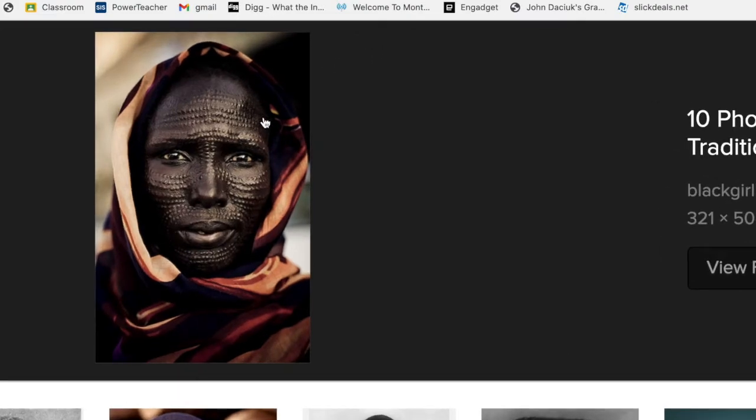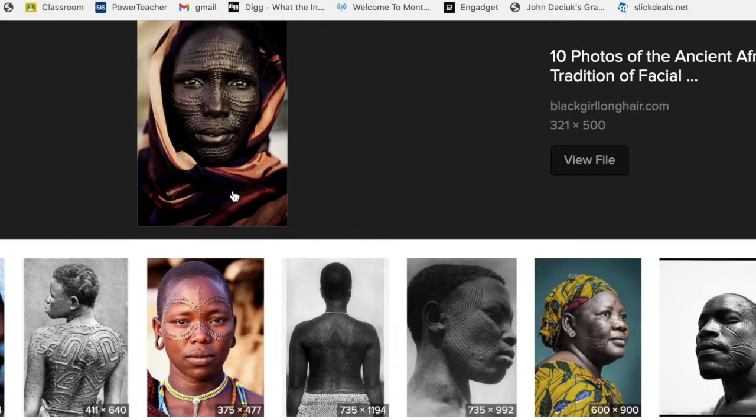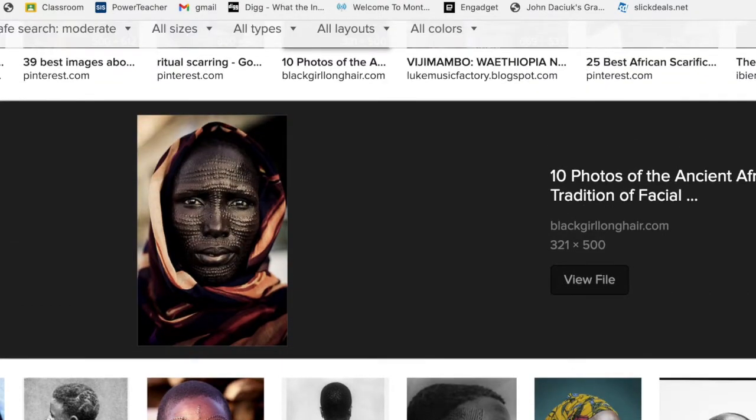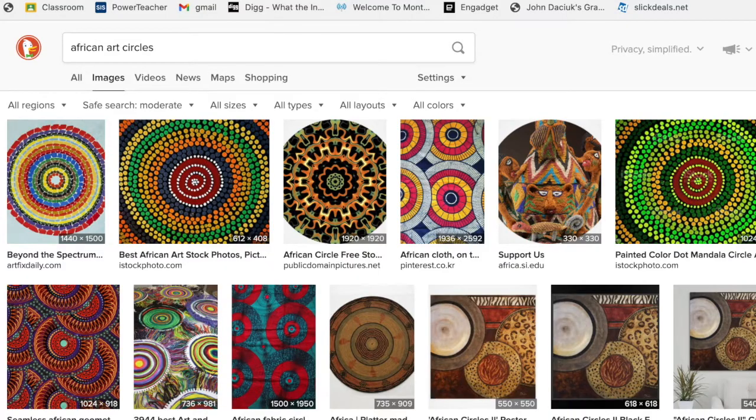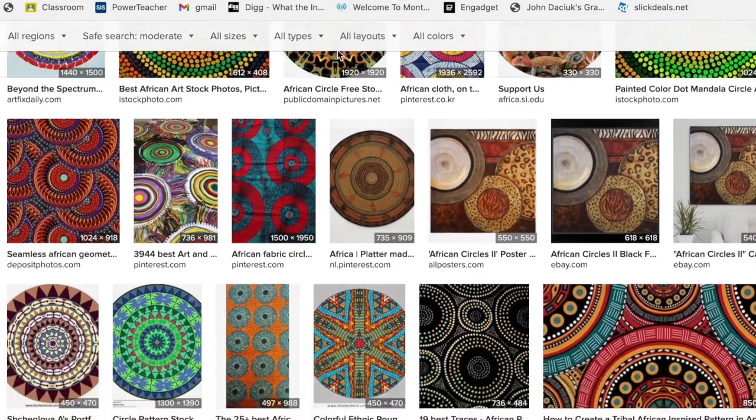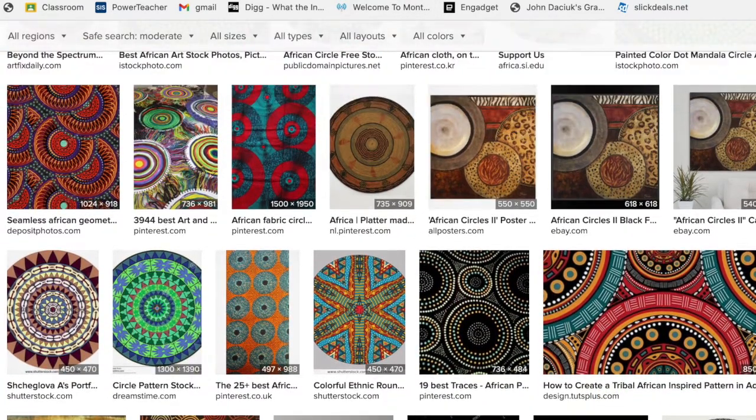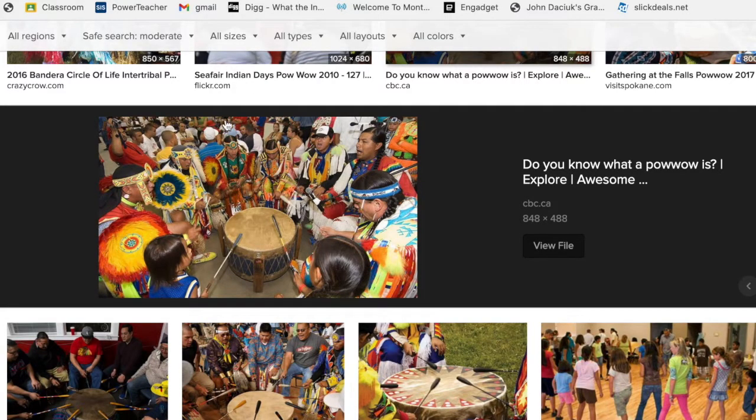In order to make the Aztec calendar or the zodiac, you need to be able to use a circle and make the geometric shapes. So in Africa, they would even scar circles on people, almost like tattooing, but specifically in a circle, little dots. And when you look at the art in Africa, you'll see a lot of circle patterns and designs. But again, even when we see other geometric patterns, we use this circle to make those.